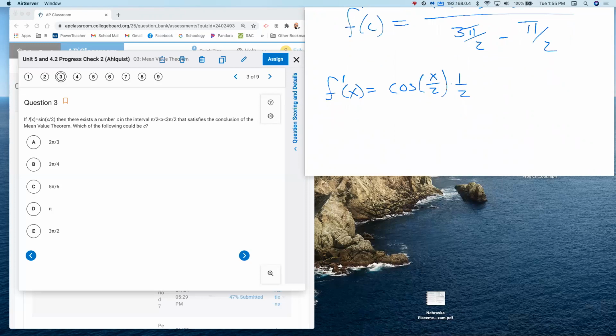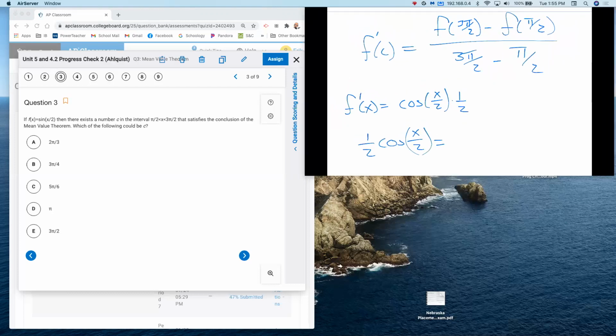So we need to figure out when 1/2 cosine x over 2 is equal to, now I got to do some work on this. I got to do the sine of 3 pi over 2 divided by 2 minus the sine of pi over 2 divided by 2, divided by, this should just be pi.